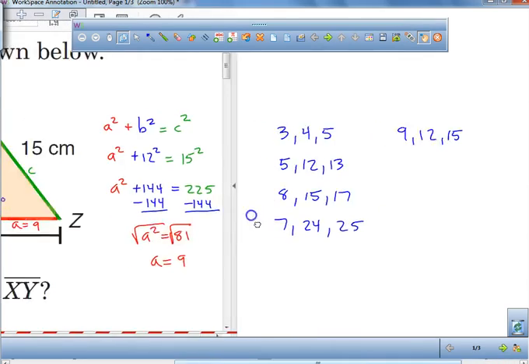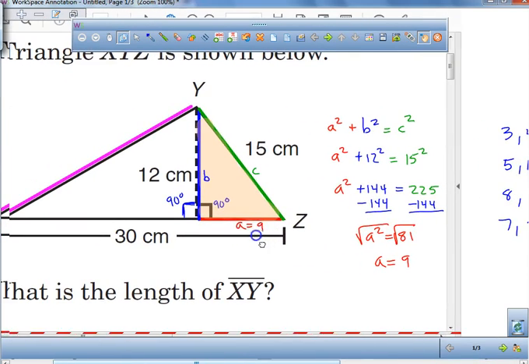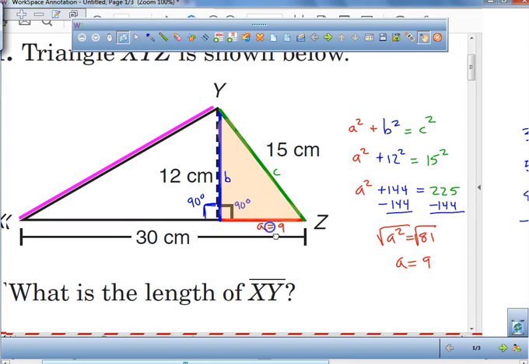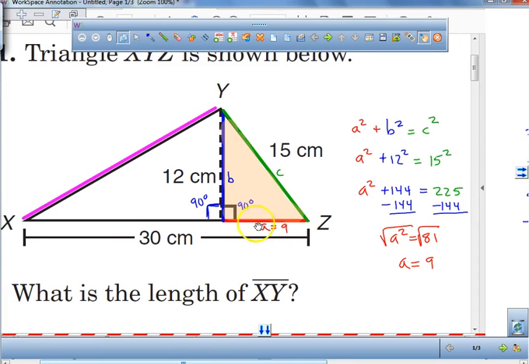So right now, why did I have to find this side first? Because I need to find this length right in here, which is 21. So I'm going to label this side 21. What does that mean? It means from right here to right there, that distance.